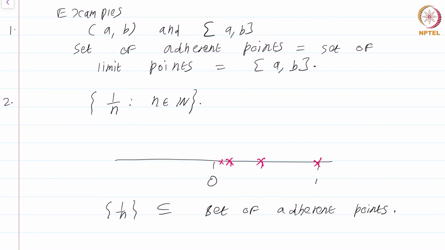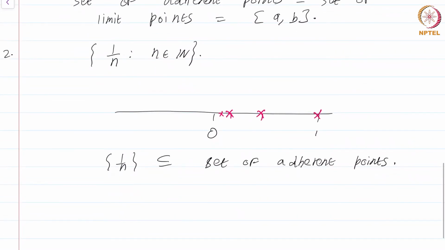Now it should be clear to you that if I take any one of these red points, the only sequence in the set 1/n that converges to this point is a sequence that is eventually all ones. The same is true for this point, which is half.